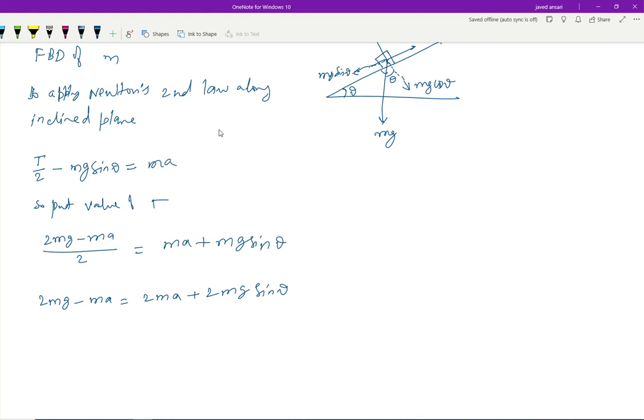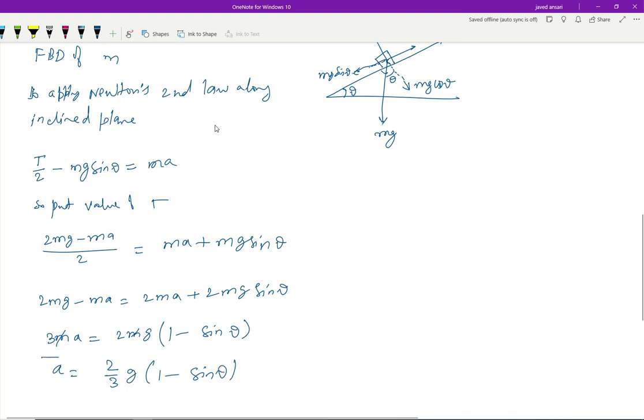Now it's easy to solve, right? Bring ma this side, you will get 3ma, and then bring mg sin theta to this side, and take 2mg common. You will get 1 minus sin theta. You can cut out. So a will become 2 by 3 g (1 minus sin theta).